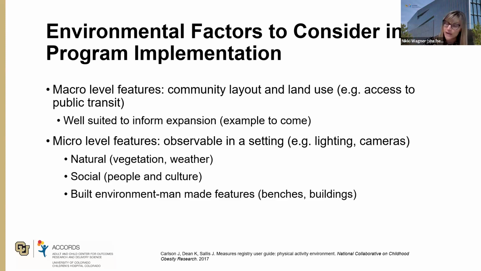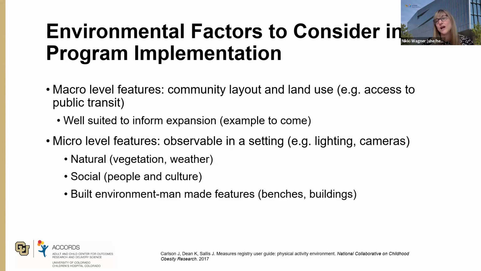There's the natural environment. So there's things like vegetation and weather. I'm doing my work in Colorado, and I have 3 sites. One's in Breckenridge, one's in Denver, and one's in Pueblo. That is 3 completely different weather environments in all 3 of those locations. Weather matters and has a big impact on what we do or how we access resources. Social is also key.